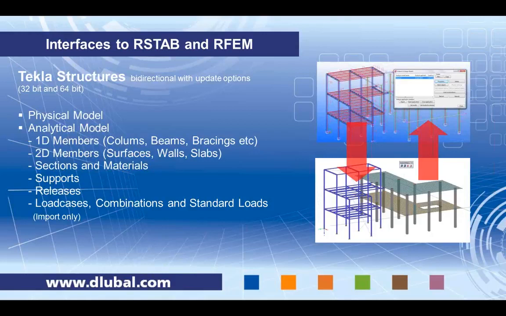The interface between Dlubal and Tekla takes care of this conversion, and the analytical model is inside the Tekla Structures model, and it is derived in some way automatically from this architectural or physical model. We'll see this live later.